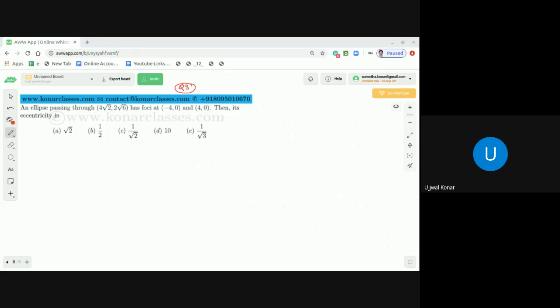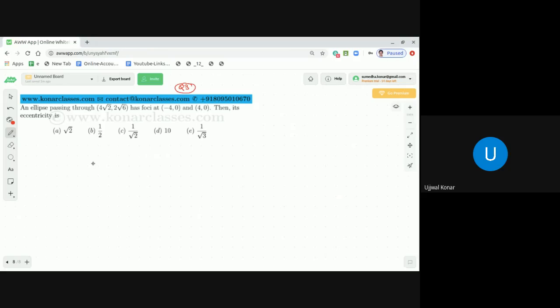That says the major axis is on the x-axis, isn't it? You can visualize it and write it down in your notebook. From the coordinates of the foci, the y coordinate is 0, which indicates that the major axis must be on the x-axis.